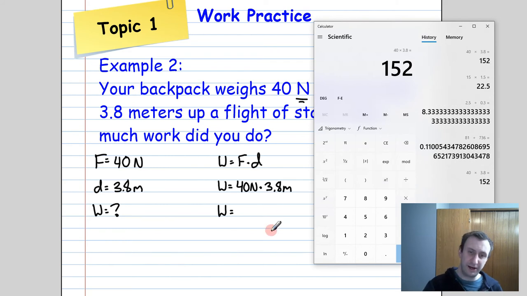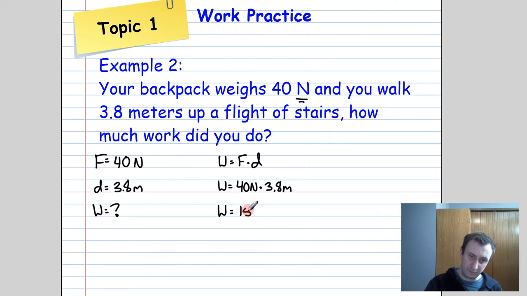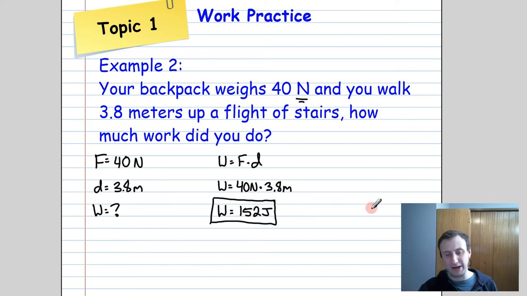I get an answer of 152. So 152 joules. You'll notice when I do that, I'm not putting in the unit at all, the newtons, the meters, that doesn't go into my calculator, but I just have to make sure that whenever I write a number out at all, that I have the unit. Okay, so I can't have numbers in science without units.